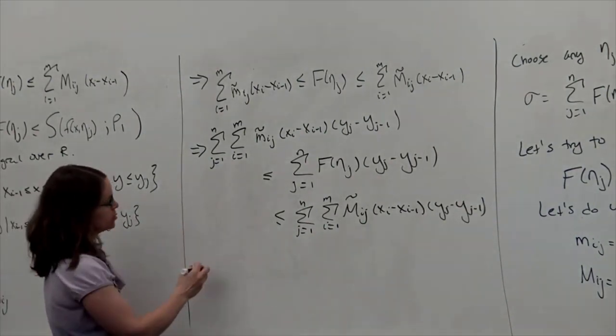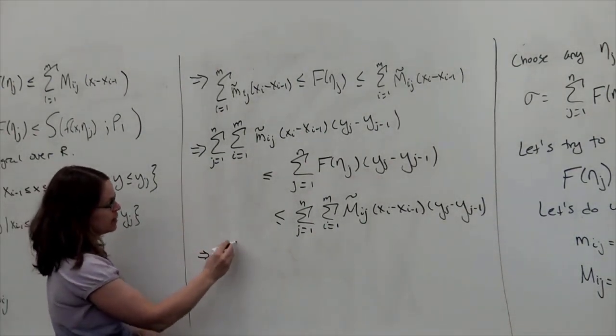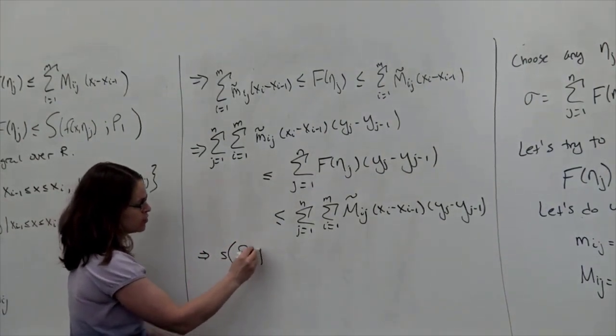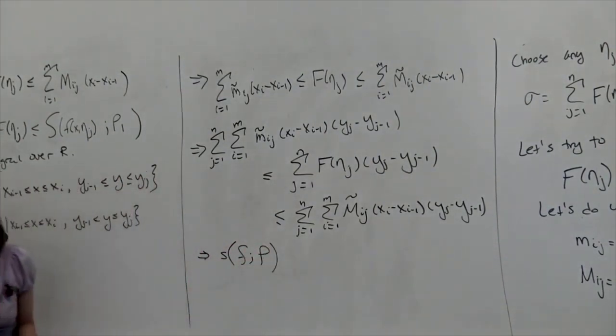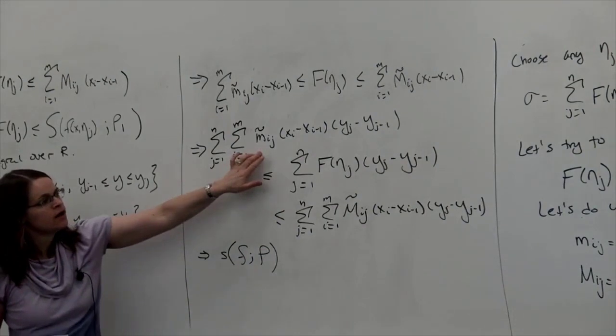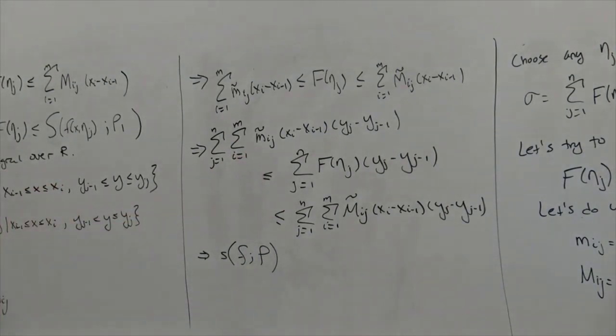So this guy we identify as the lower sum of f over this two-dimensional partition, right? These m tildes we got by taking the infimum over the entire little box, right? So these are the right m's, the right infimum to show up in the lower sum over the big partition.